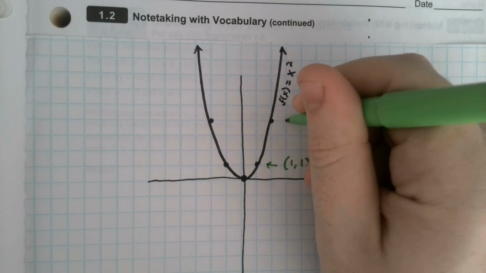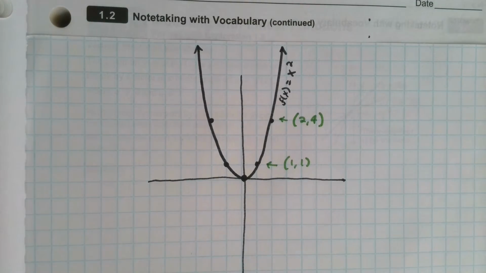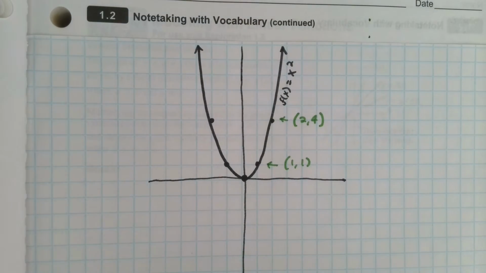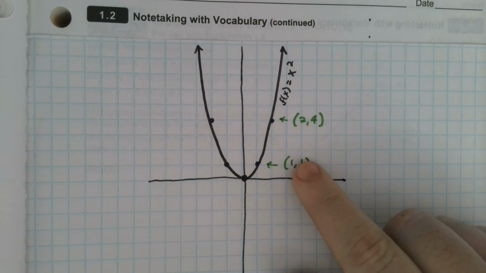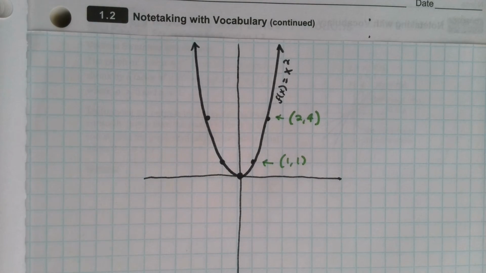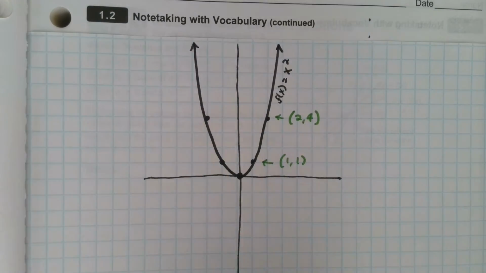This point right here is the point 2, 4. If we wanted to make this 2 times taller, what does that mean? Well, what's changing, our x values or our y values? If we're talking about anything up and down, we're talking about our y values. We want our y values to be 2 times taller, right?